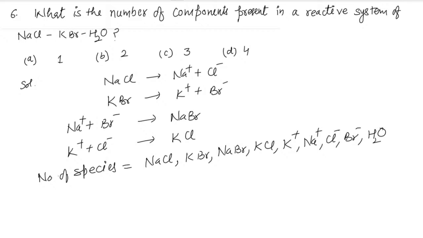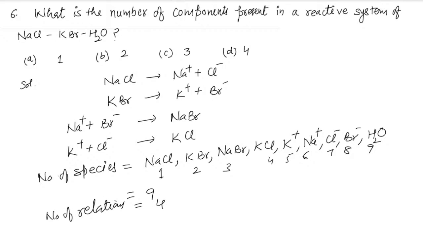So how many species are there? 1, 2, 3, 4, 5, 6, 7, 8, 9. Total number of species is 9. And how many relations, or we can say equations, are there?